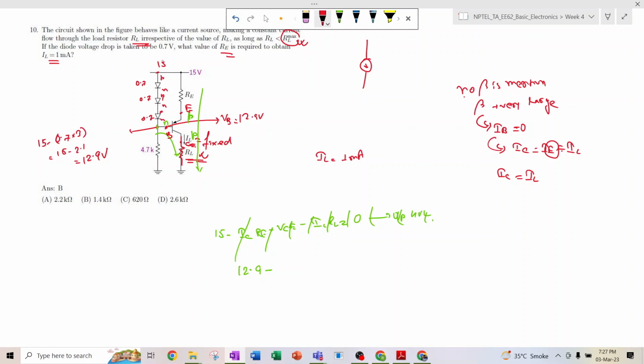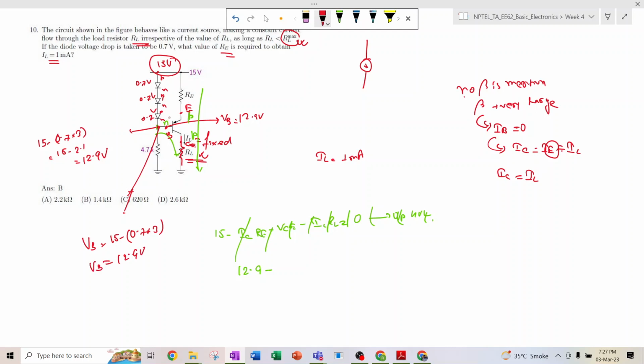So this is the 15 volt that is applied over here, and there is a 0.7 volt drop for each of the diodes. So at this input point, that is the VB, it comes out to 15 minus 0.7 into 3, which is 12.9 volt. So 12.9 volt is applied to the VB.